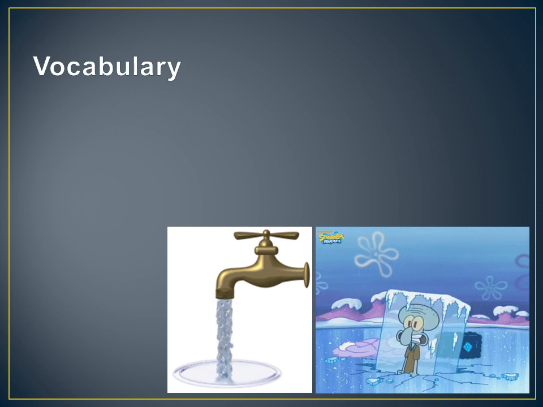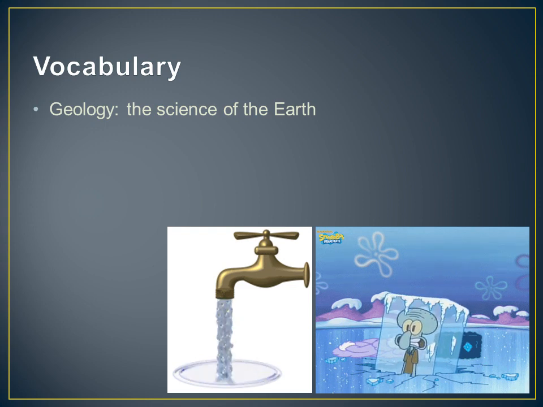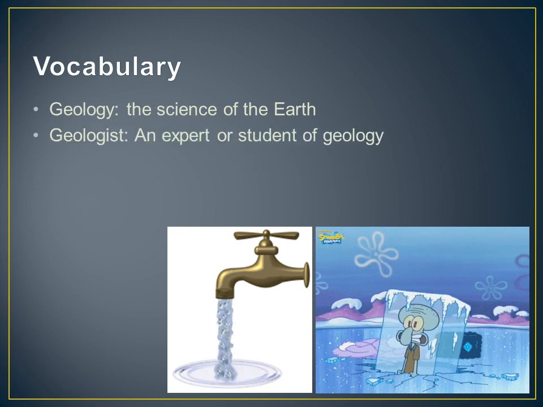Per usual, we have several vocabulary words. First one is geology, the science of the earth. Again, that's geology. Next one is a geologist. This is a person who is an expert or a student of geology.